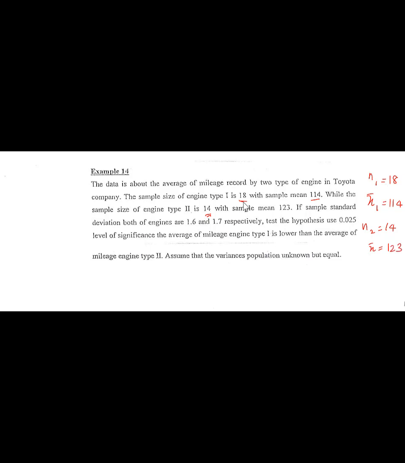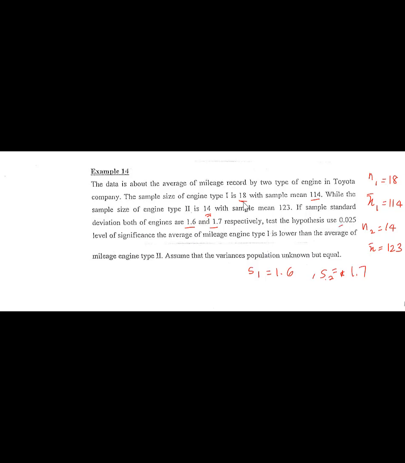The sample standard deviations of both are, that means your s1, the standard deviation of the sample for type 1, is 1.6, and the standard deviation of the sample for type 2 is 1.7.